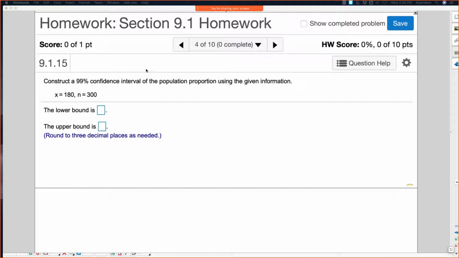values you need. So we have on the calculator, you have a menu under the stat button to get to your confidence intervals.